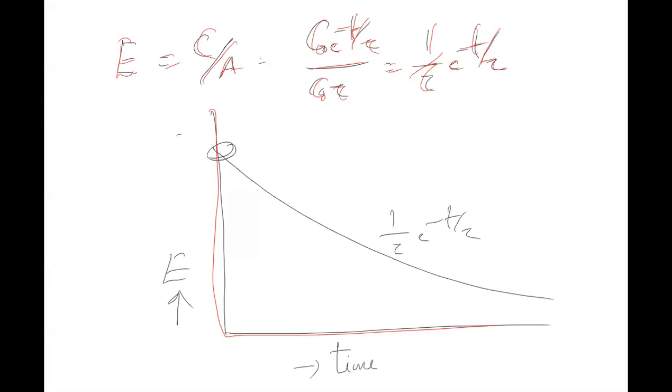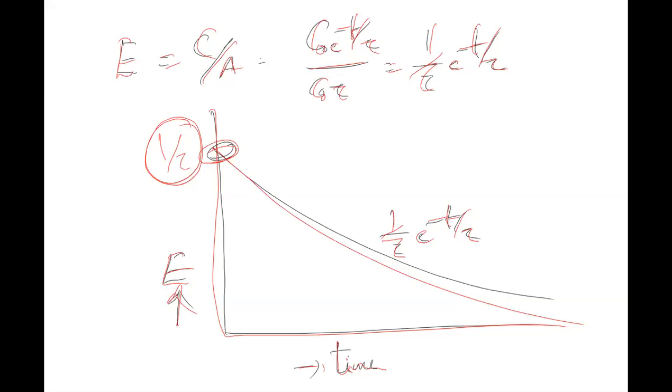If you plot this, E versus time, this is how it looks. What is the starting point? When you put t equal to 0, the starting point is 1 by tau. This curve starts at 1 by tau. Now just take 1 minute and read the entire CSTR RTD again.